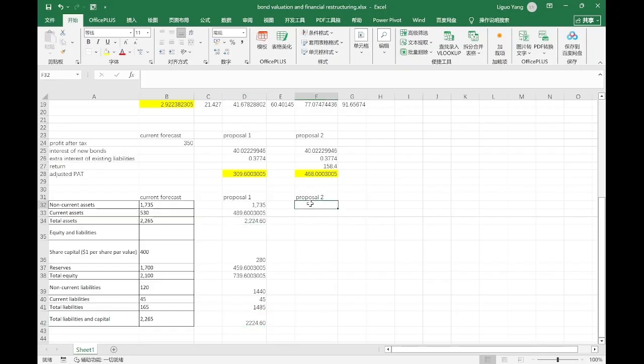So let's see proposal 2. Firstly, non-current liabilities will increase by 1,320. This is the same as the proposal 1. In the meantime, it's invested in a new project, so the non-current assets will also increase by the same amount.